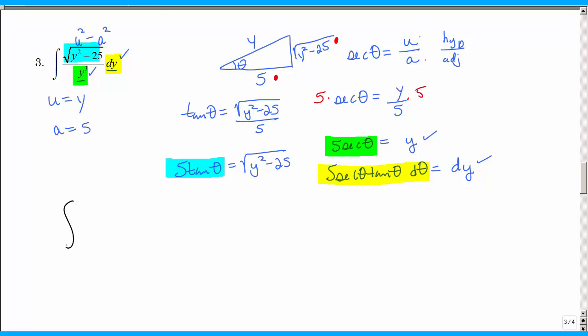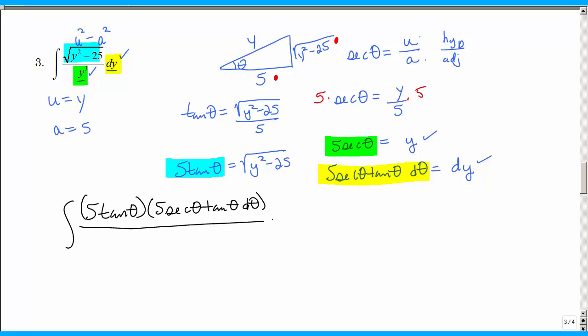Okay, so the square root is 5 tangent theta. dy is 5 secant theta tangent theta d theta on top of y cubed. So y is 5 secant theta, and I need to cube that. Now I know that looks ugly, but let's just hold on. I think we can simplify quite a few things.